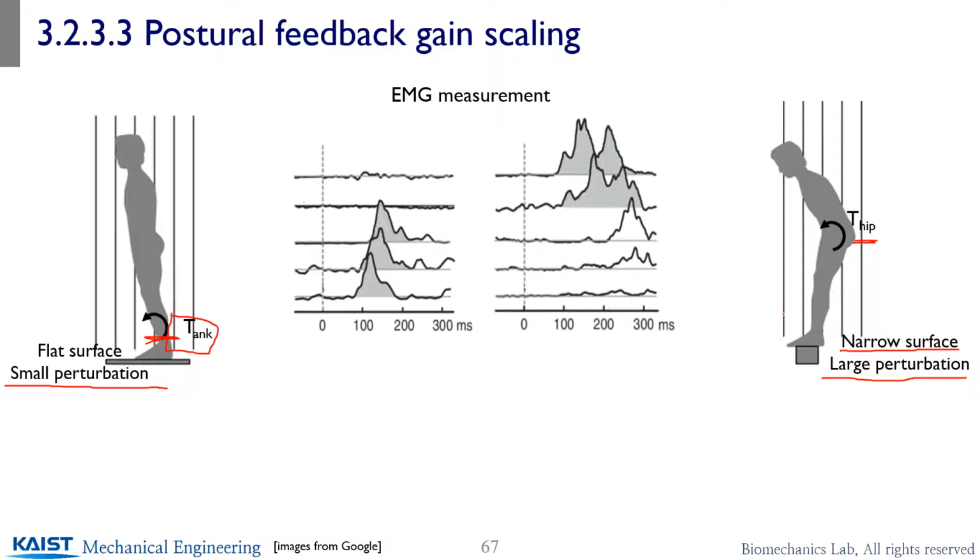Researchers also measure the muscle activity during those posture behaviors. For the left side, in ankle-centered posture control, the EMG activation goes from the farther side of the body toward the center: the gastrocnemius first, then hamstring, and paraspinals.